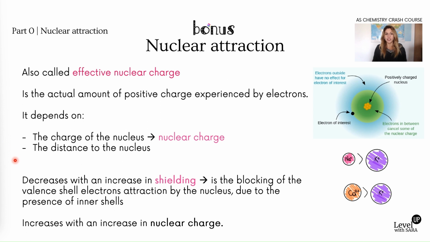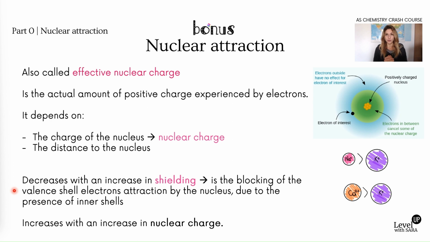The effective nuclear charge decreases with an increase in shielding, and this is the other very important keyword to understand, relative to the distance to the nucleus. In fact, shielding is basically the blocking of the valence shell electrons' attraction by the nucleus, and this is due to the presence of inner shells.